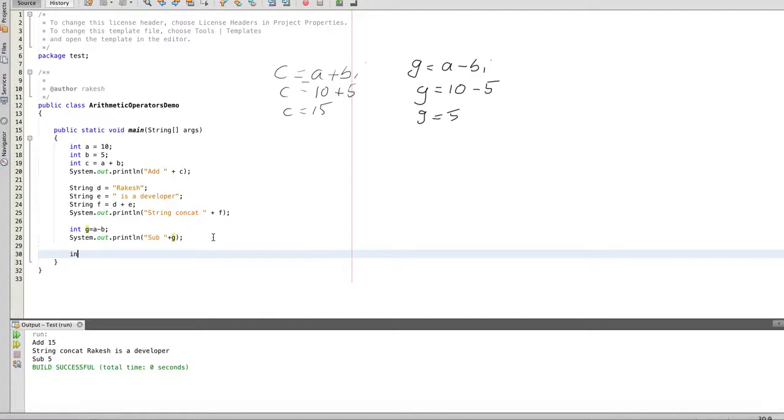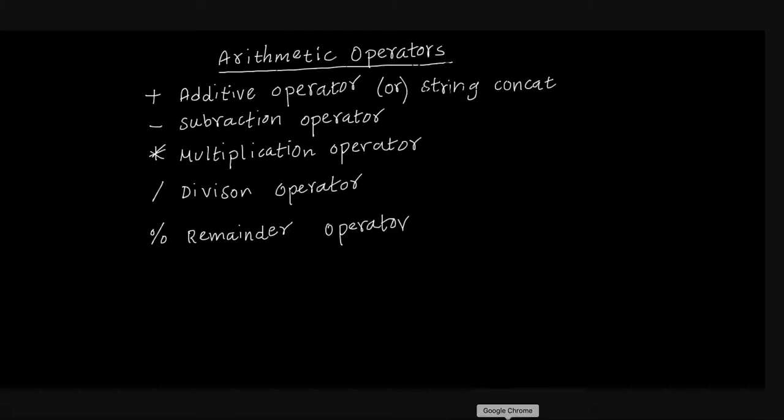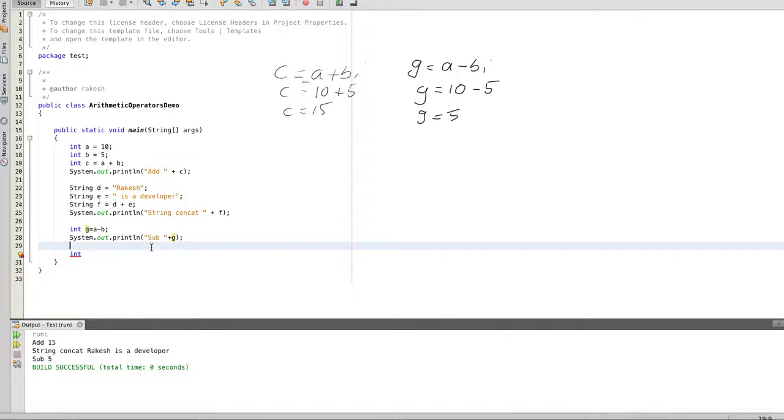And then we are going to see the next operator called the multiplication operator. The multiplication operator will multiply two numbers or multiple numbers and give the resultant output.